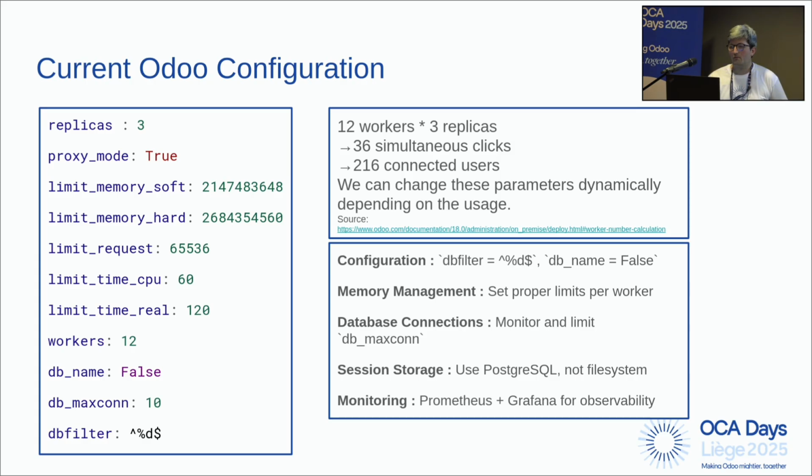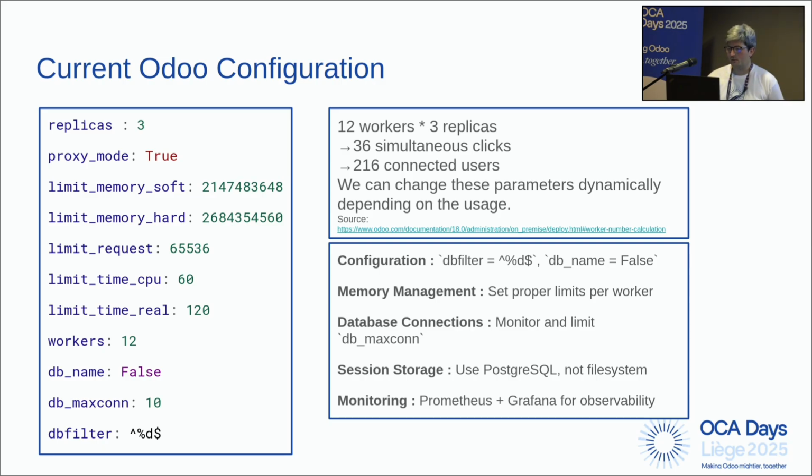We run 12 workers across 3 replicas, which in theory gives us 36 simultaneous clicks and supports around 216 connected users, according to the Odoo documentation. Memory management per worker prevents one tenant from affecting others. We set both soft and hard limits. Database connection limits are critical. We limit each worker to 10 connections to avoid overwhelming PostgreSQL.